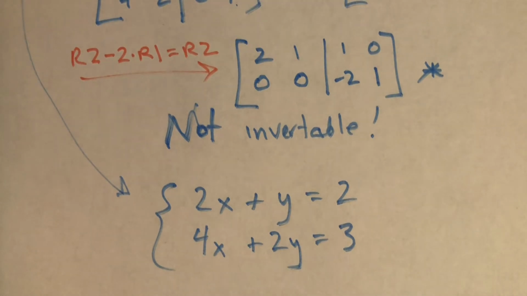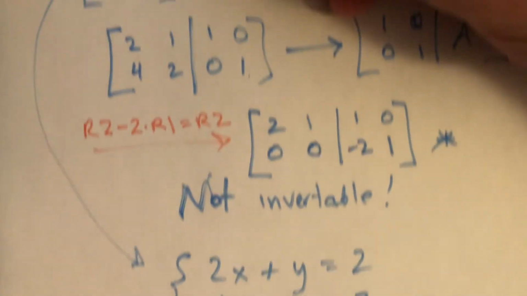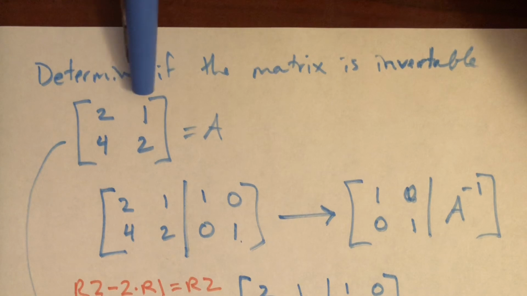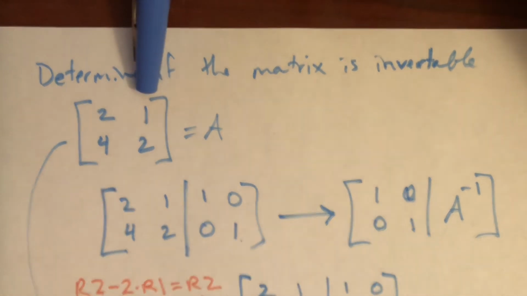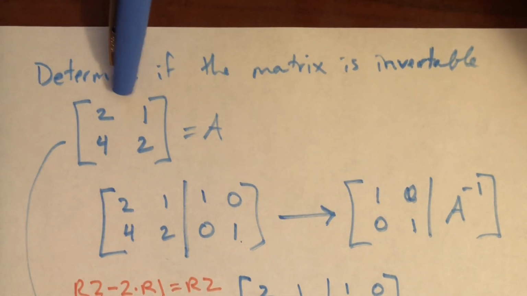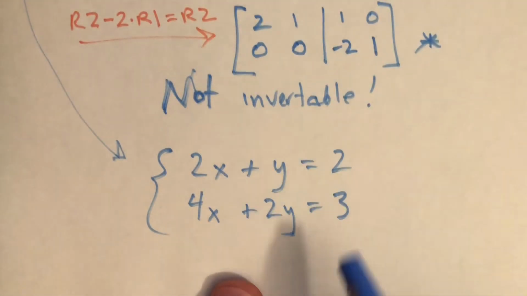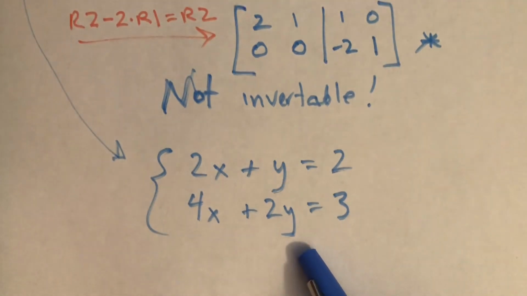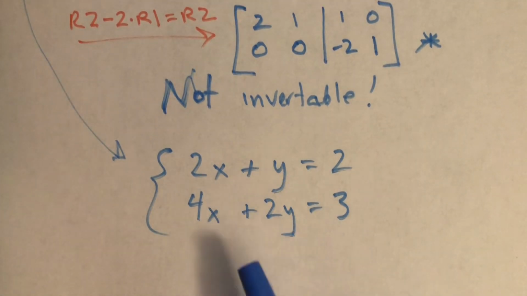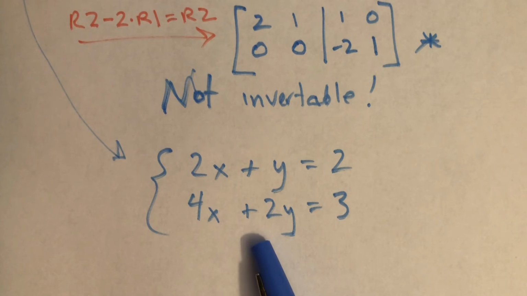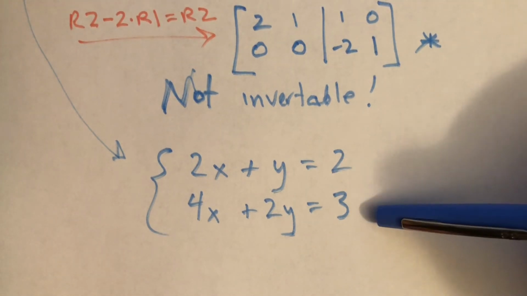What we're using the inverse for, practically speaking, is to solve systems. If this thing does have an inverse, I'm going to be able to solve this system. But looking at the system back to when we did 8.1, this system is not going to have any solutions, and we can see that because they're parallel lines.